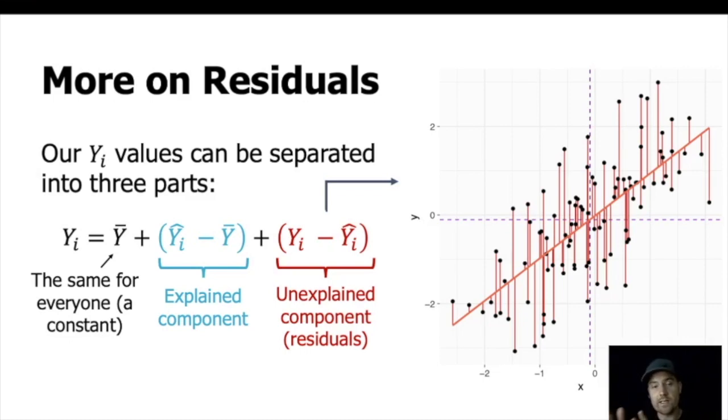We could, and we're going to talk about this in the next lecture, add more variables to it, which would then help reduce the residuals, because we'd be able to explain more and more about those individuals, and there'd be less that we can't explain.